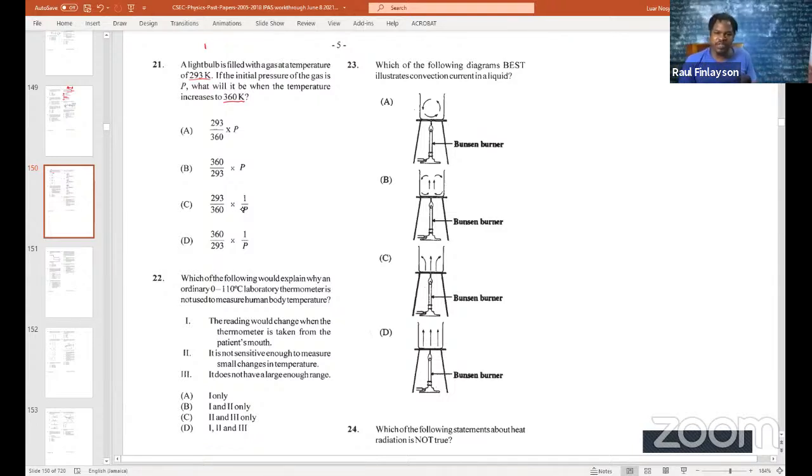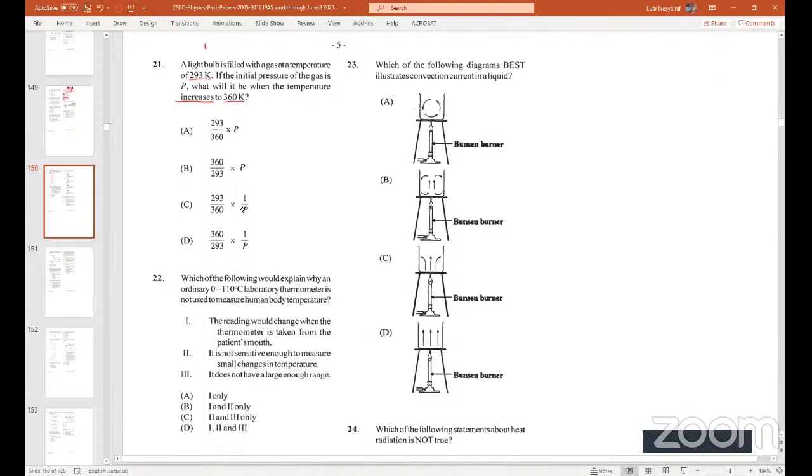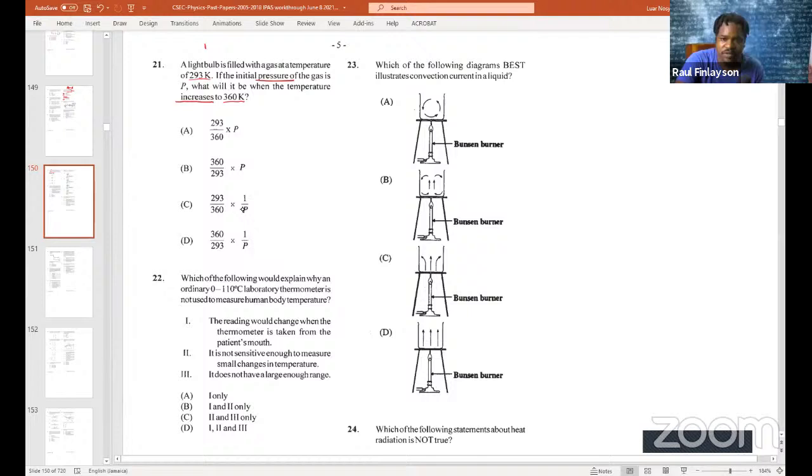If the initial pressure of the gas is P, what will it be when the temperature of the gas increases to 360? So what happened to the temperature? It says it increases, right? Yes, sir. And they talk about the pressure there initially.